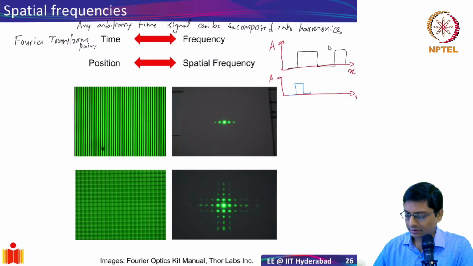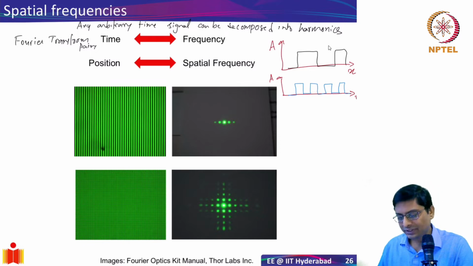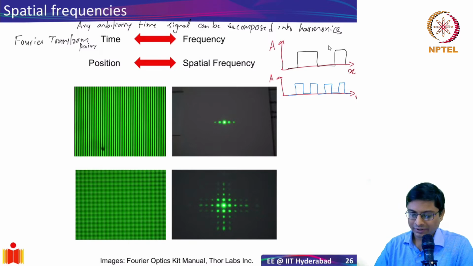So when I have these two spatial signals, as a function of position, they are changing. This could be a simple diffraction grating, simple lines that are drawn, and you have two media. When you have a diffraction grating like this, essentially you have a spatial signal.